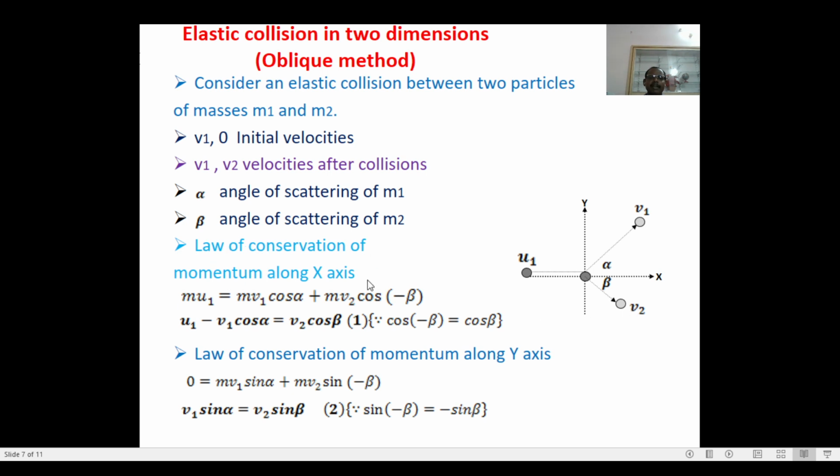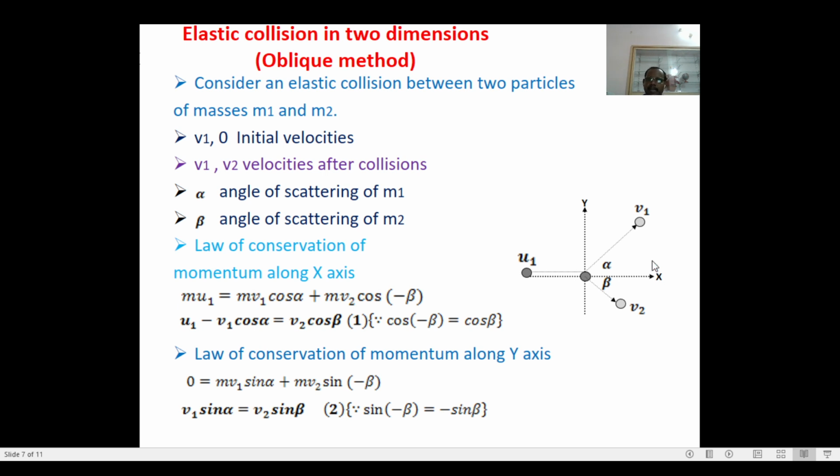Law of conservation of momentum along the x-axis separately. Initial momentum of particle 1 is mu1, because both particles have the same mass m, and particle 2 is at rest. This is equal to the final momentum along the x-axis.